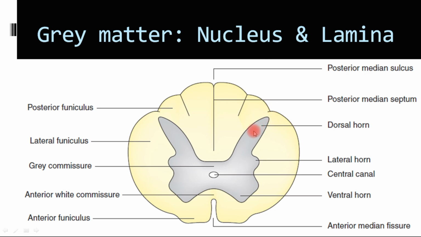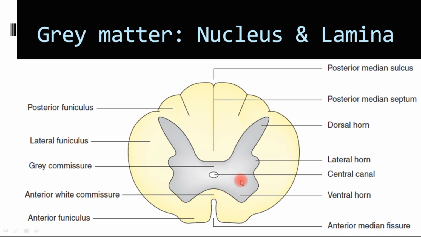So the collection of those cell bodies which give rise to neurons that go up to the brain or down to the muscles are called nuclei. The collection of cell bodies inside the grey matter will be called nuclei, or it can also be divided on the basis of laminae, as we'll see.